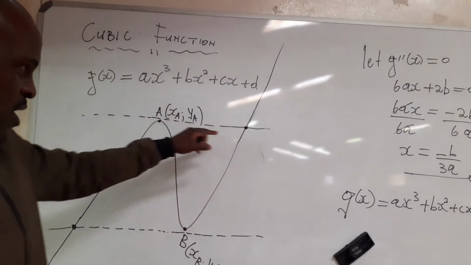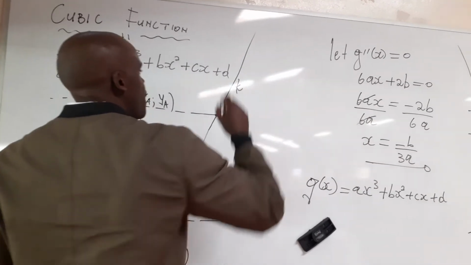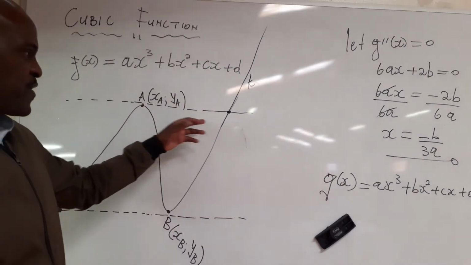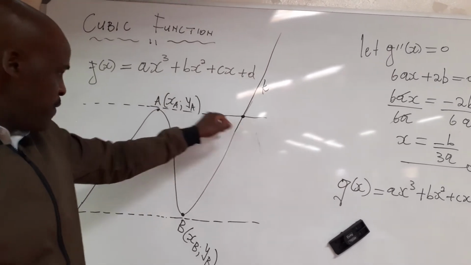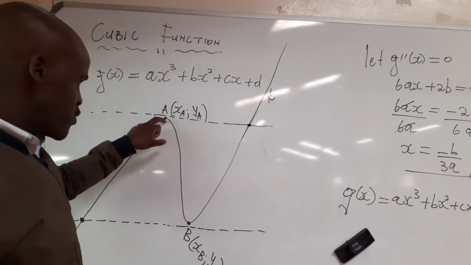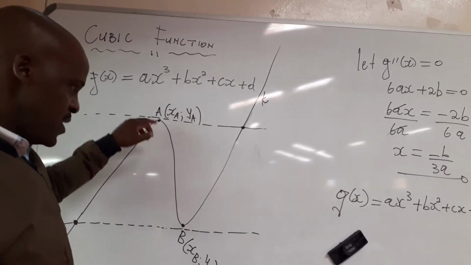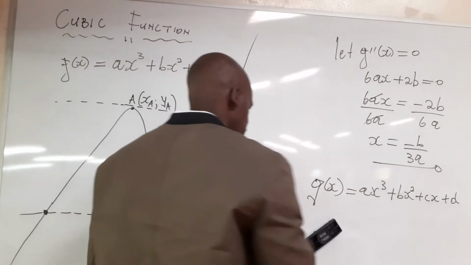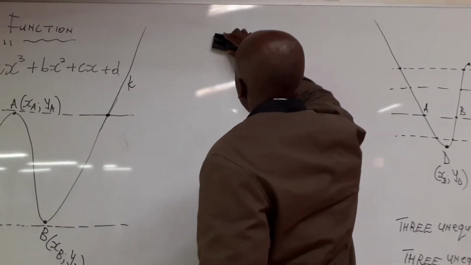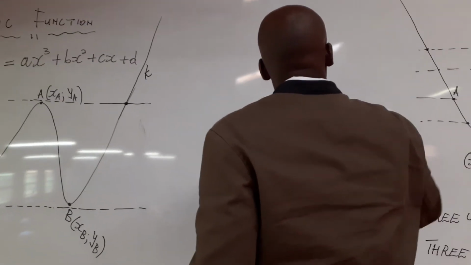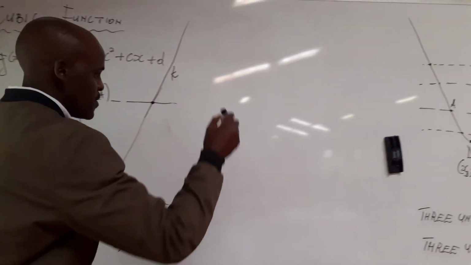Our horizontal line will cut this function, let's say this is the function of k, once, if we draw a horizontal line just above point A. Therefore, we've got one root.